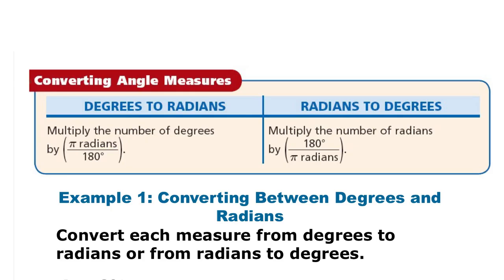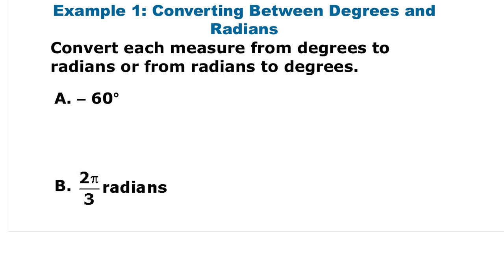Converting between degrees and radians is just a simple unit conversion. We're going to be multiplying by pi radians over 180 or the other way around, depending on what we're looking for. So for our first one, negative 60 degrees, we multiply by pi radians over 180 degrees, because we want our degrees to cancel and be left with radians.